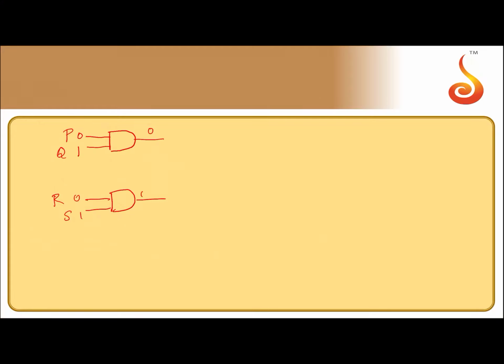Now this will turn out to be 0, this will turn out to be 0. Now there is a NOT gate here, so it will become 1. Now this comes to X, so X is equal to 0 now, and this becomes Y, Y is equal to 1.